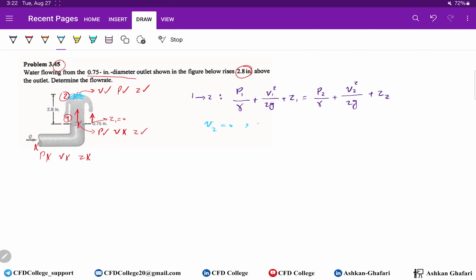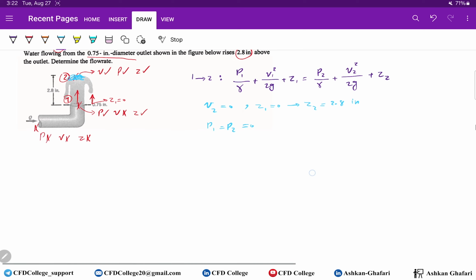We know z1 is 0 and z2 is 2.8 inches. We also know that P1 equals P2. We have atmosphere there and they are equal to 0. So this term is 0, this term is 0, this term is 0, and this term is 0. We only have these terms, v1 square over 2g and z2.